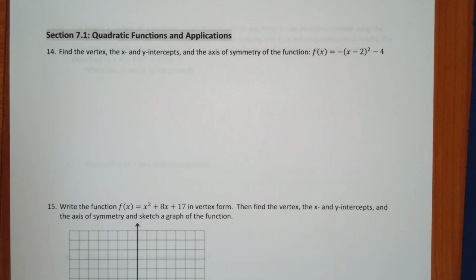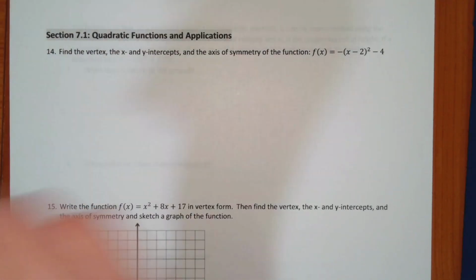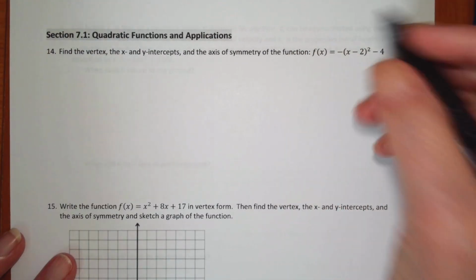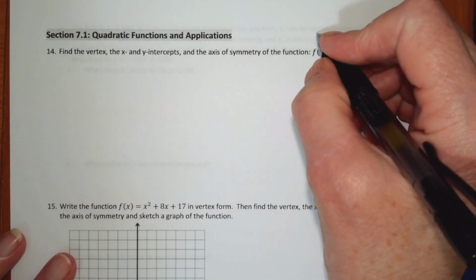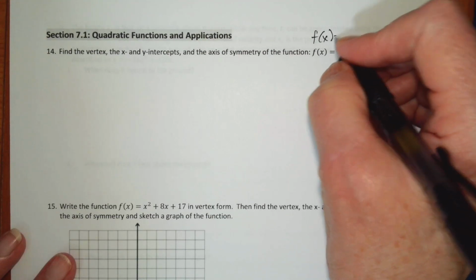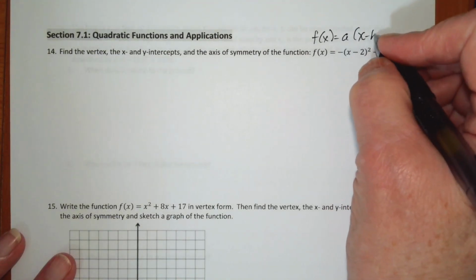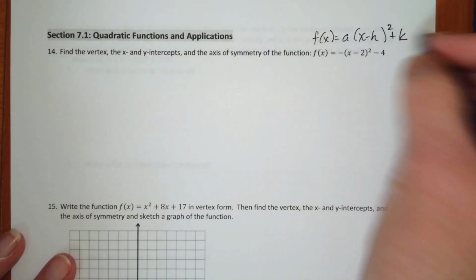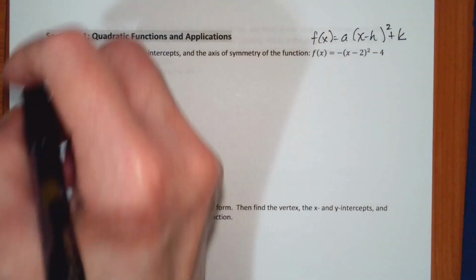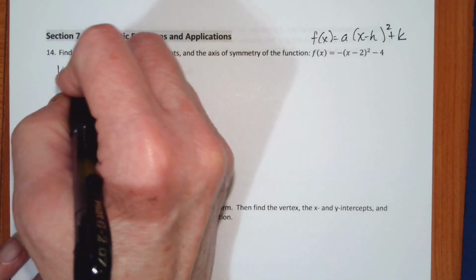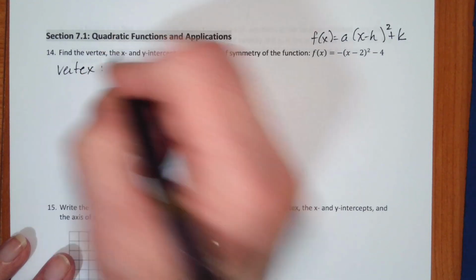All right, so it says find the vertex, the intercepts, the axis of symmetry for all of these. Now, I'm going to put a little more information in here because it is just helpful to me. This is in vertex form. This is f of x equals a times x minus h squared plus k. So I can pull my vertex directly from the equation.